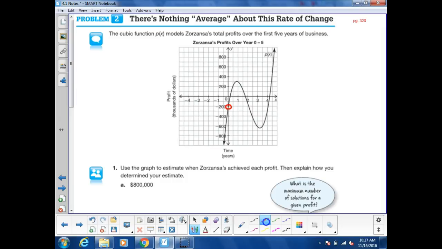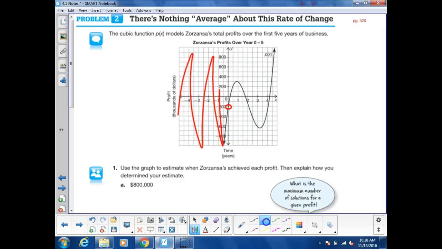So then if they have a starting point, shouldn't that just be a starting point, not an arrow going down? So what part doesn't make sense to you? That they keep going negative. This whole area over here is not applicable, right? Because we weren't in business negative 2 years ago.